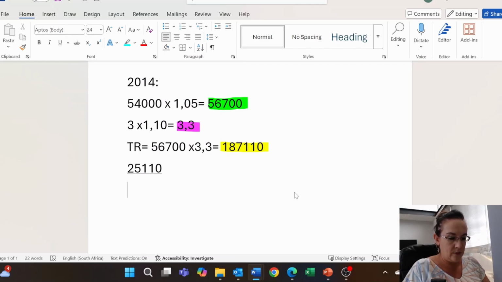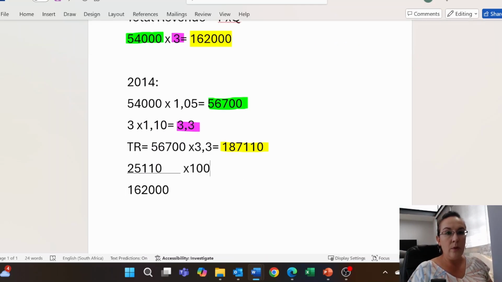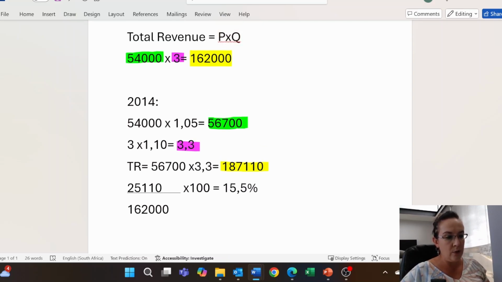That was the original total revenue. And that I will multiply by 100 to get that percentage change. And this will give us an answer of 15.5%. This indicates to us, by using the value metric to calculate market growth, that there has been an increase of 15.5% from 2013 to 2014 in terms of the revenue.